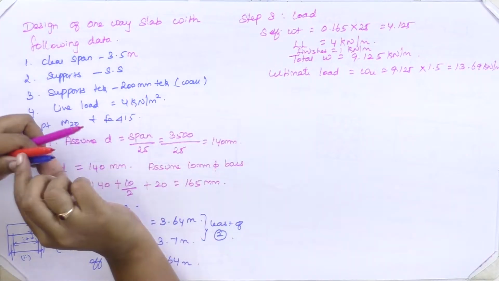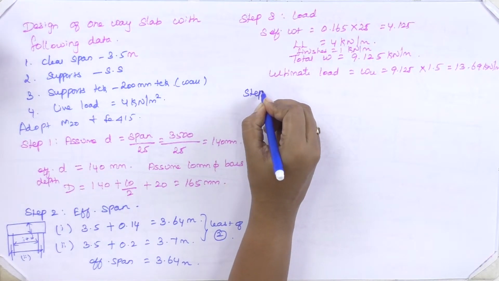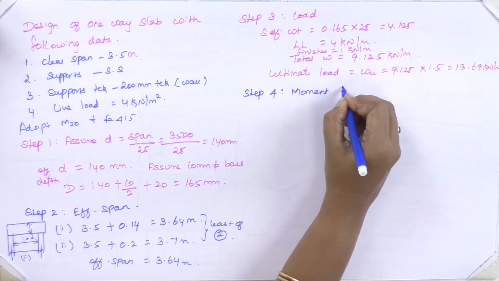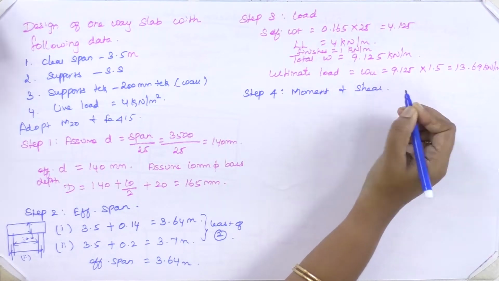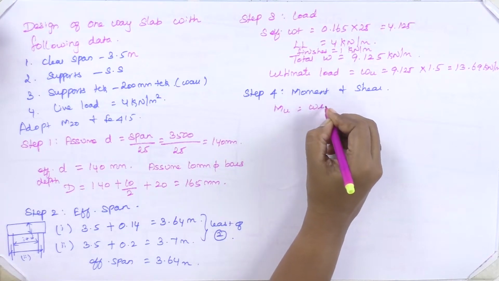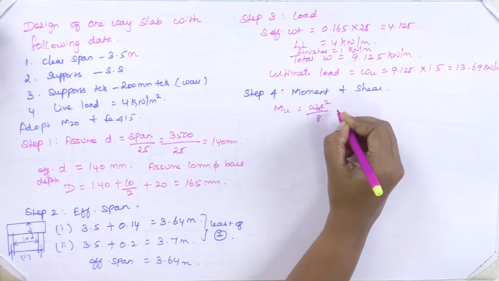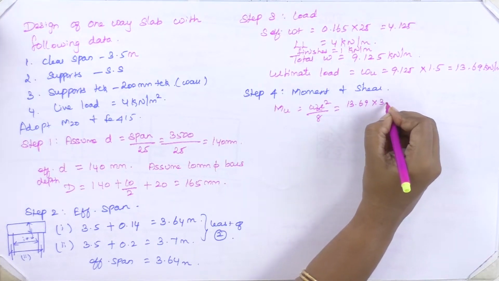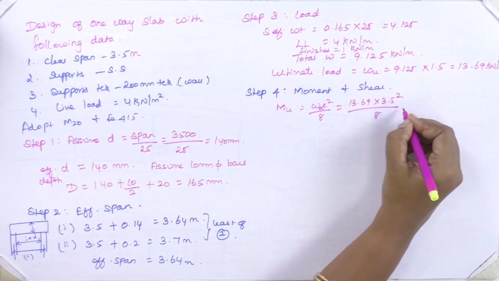Okay, then I'll go for step 4, moment and shear. Mu is equal to WU L squared by 8, that is equal to 13.69 into 3.64, the whole square, divided by 8.